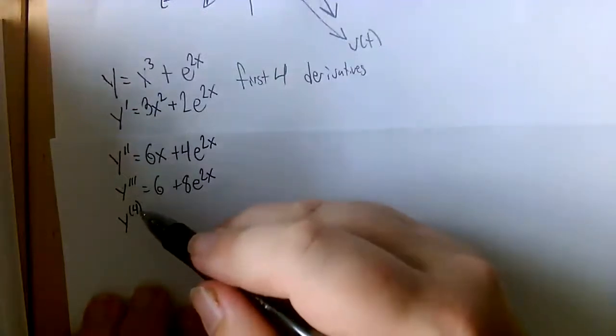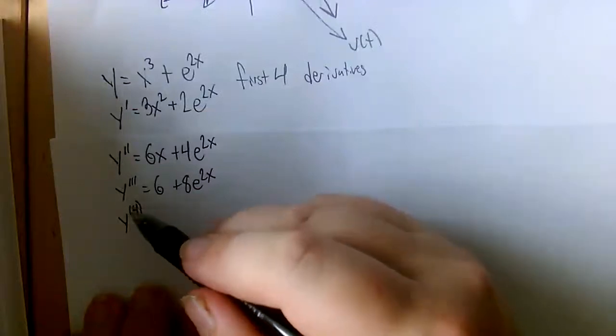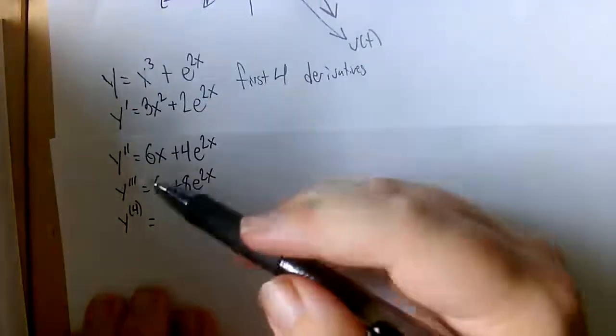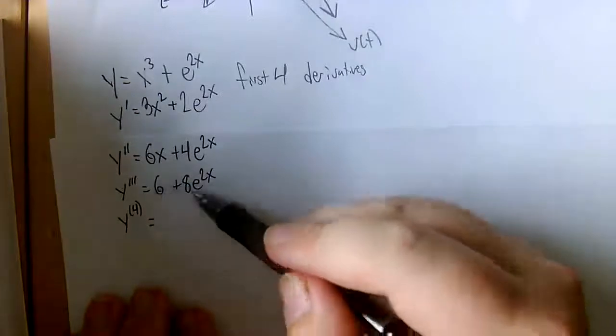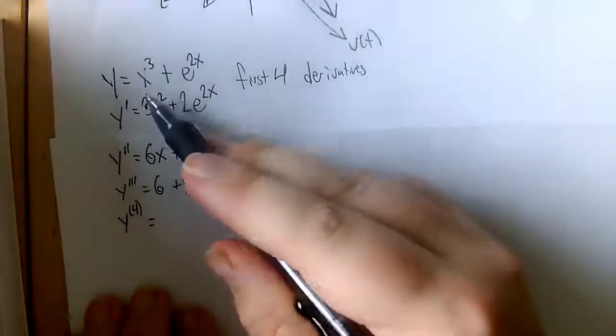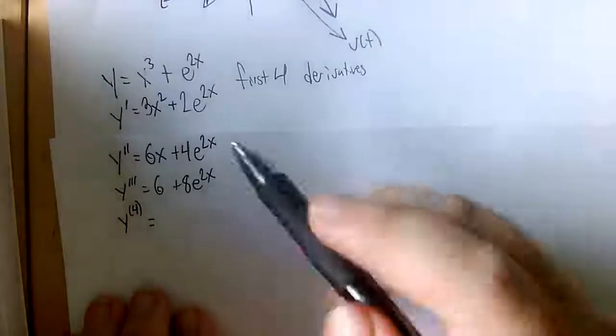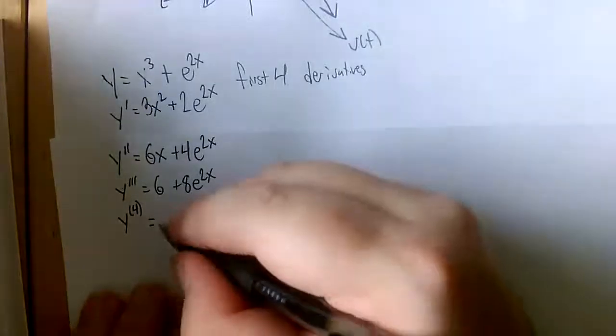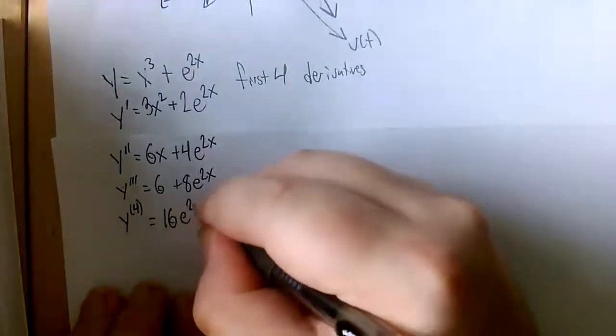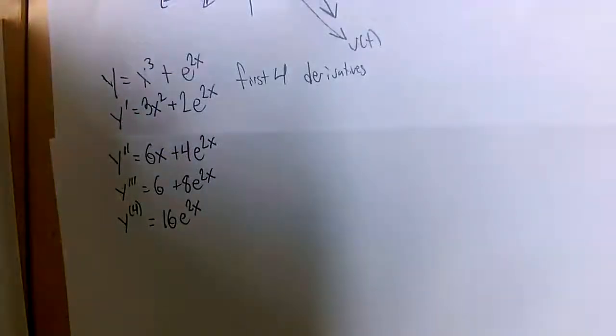So this would be how we would write the 4th derivative of y with a parenthesis and then a 4 here. Now, if we do this final derivative, the derivative of 6 will be 0, so this polynomial is completely decayed away, and we bring another 2 down here. We have 16 e to the 2x.